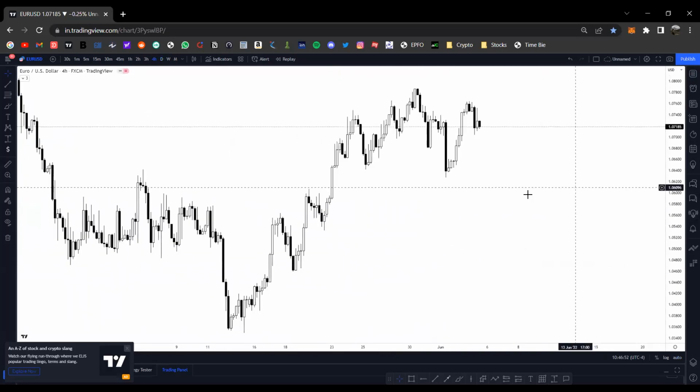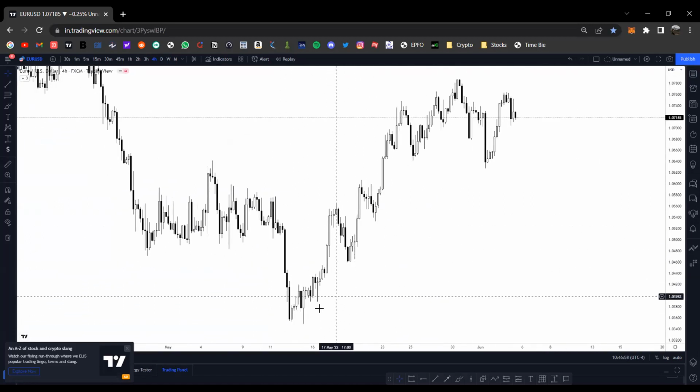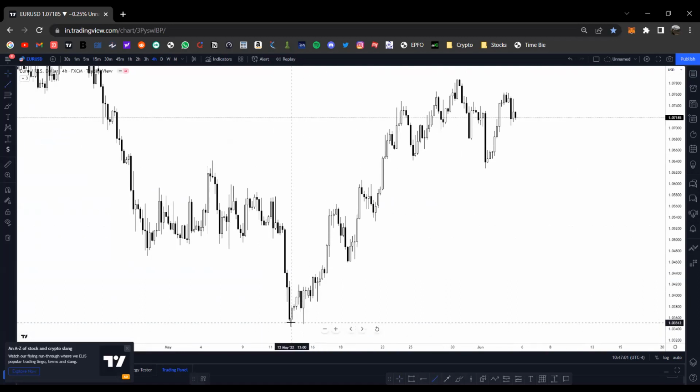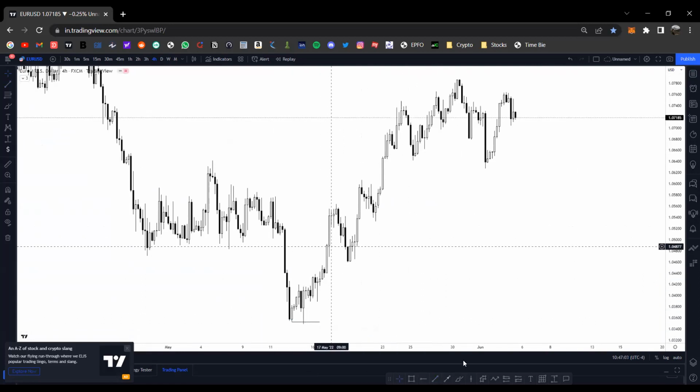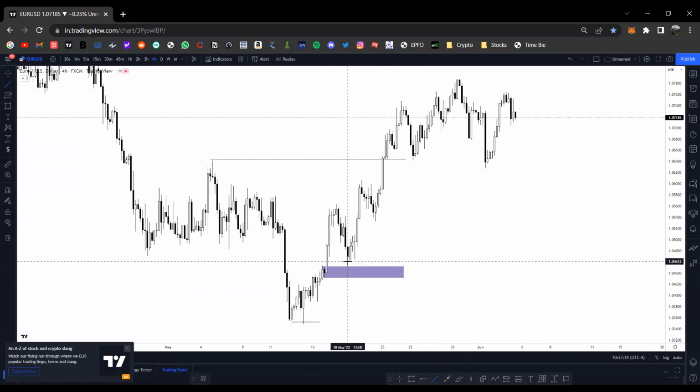So if I will be looking for buys anywhere around here, you see this last low has taken out the liquidity here and given a BMS towards upside. Okay, so we have this unmitigated base, and there might be some sort of double bottom kind of liquidity here.